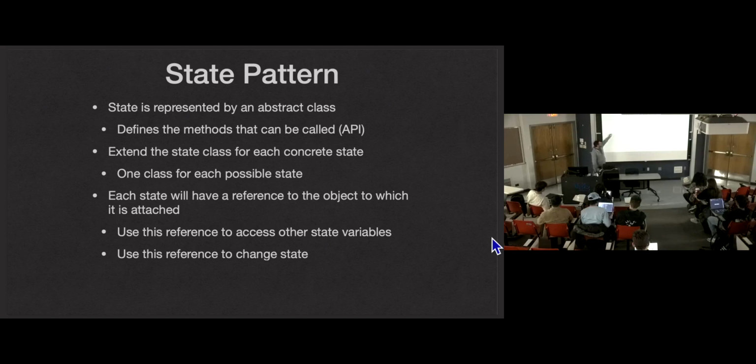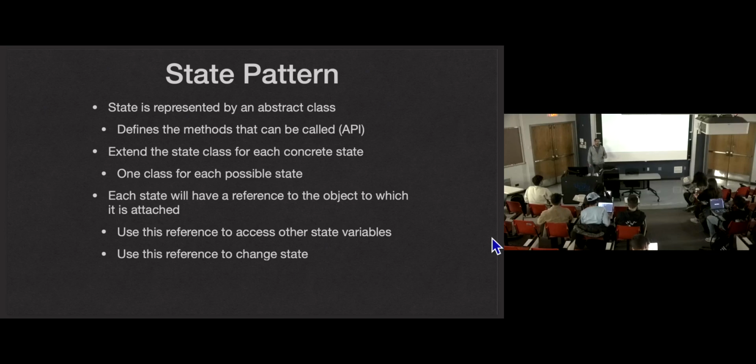Then we're going to have a concrete class, so an abstract class that defines the API, and a concrete class for each different state that we can be in. So any different sets of behavior that we want to have in that object, we create a new concrete class, extend the abstract class that defines the API, or implement the interface, and implement all of the abstract methods in each state to get different sets of behavior depending on the type of the state, and then attach the state to the object and defer to that state for the behavior.